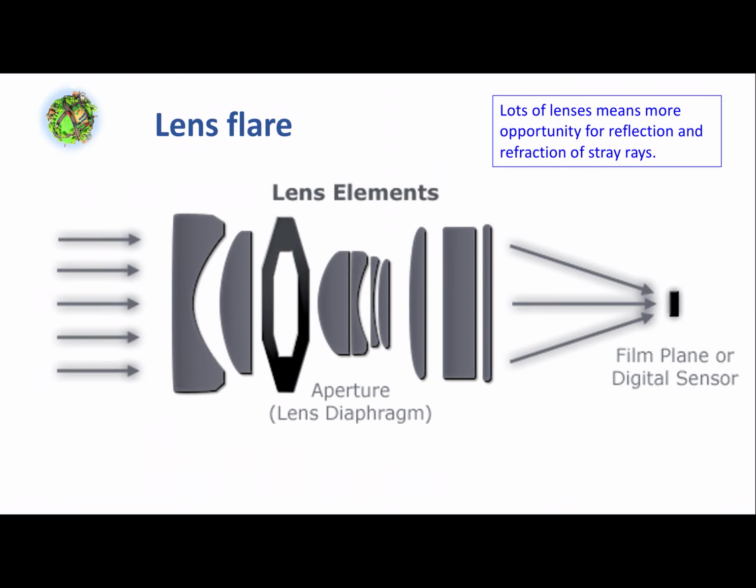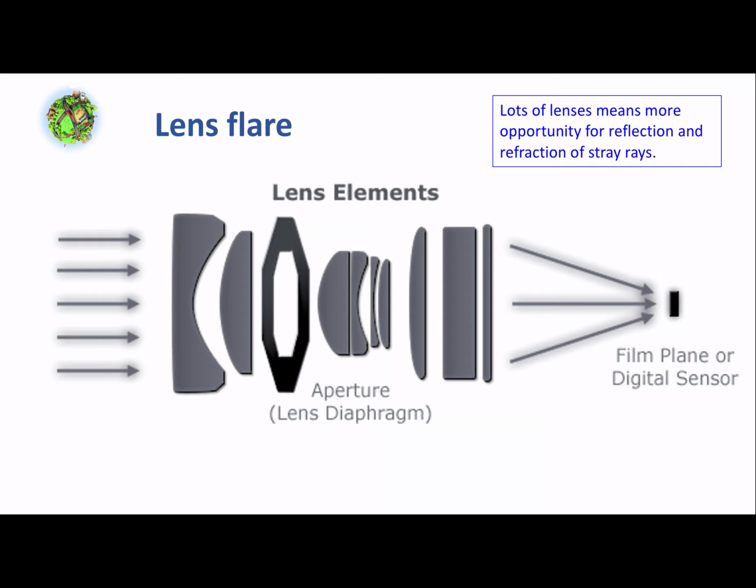So here is a picture of a kind of composite lens, all these different lenses stacked up, and at every interface we're going to have the opportunity for both reflection and refraction. That creates the possibility of stray light somewhere in the system. Sometimes things are going to reflect when you want them to refract, or at least a portion will reflect.